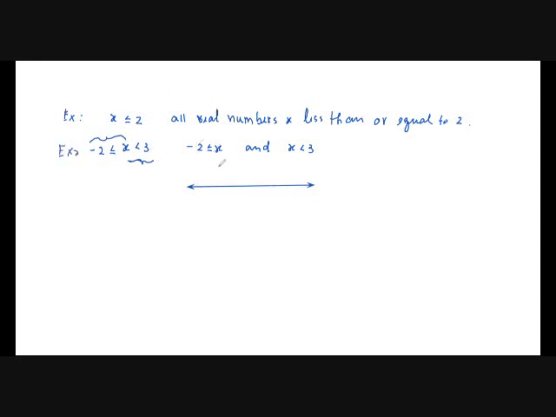When we plot the graph on the number line, we have two ways to do it. Assume this is 0 right here, maybe I use another color to help.